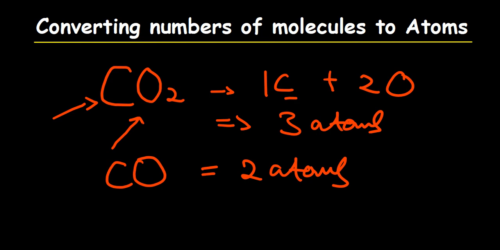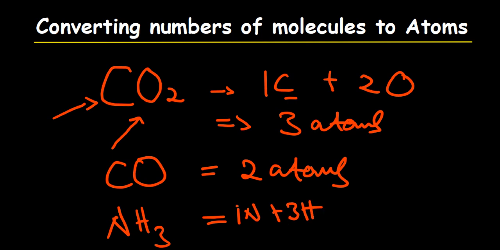So what if I have a molecule of ammonia? A molecule of ammonia is like this. How many atoms does this ammonia have? We see one nitrogen plus three hydrogens, so the total number of atoms is four.